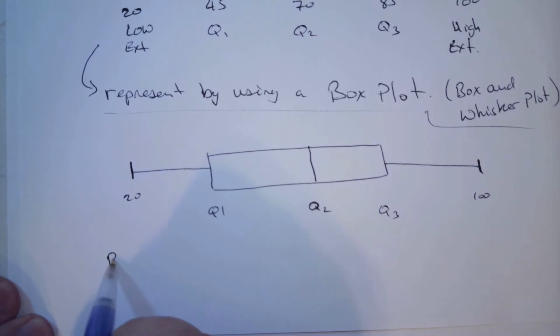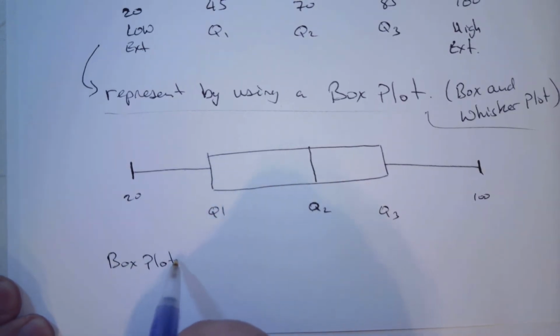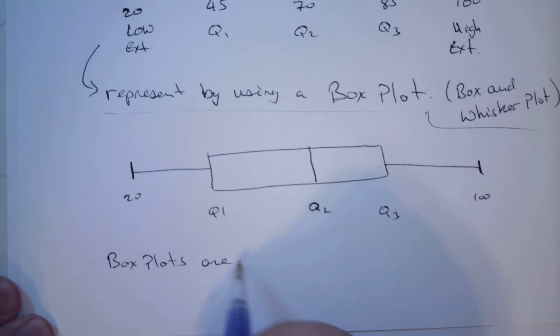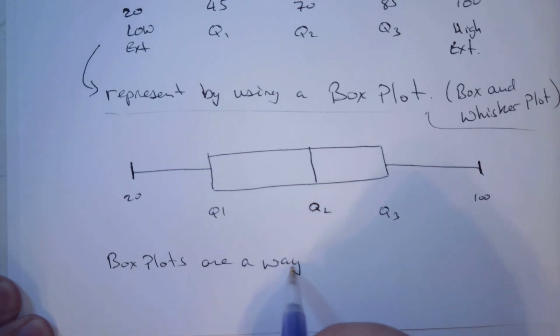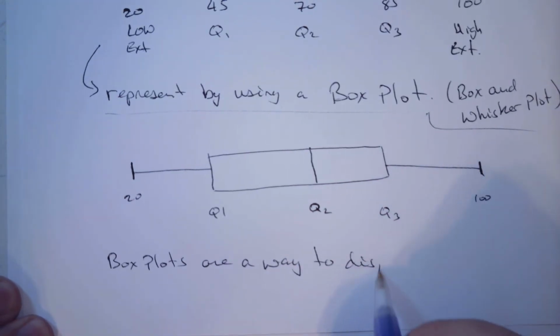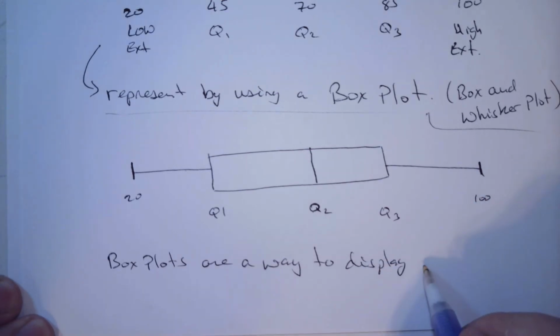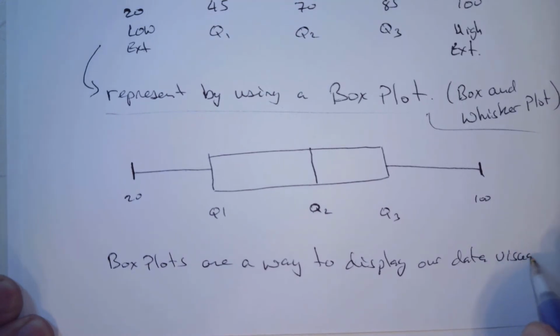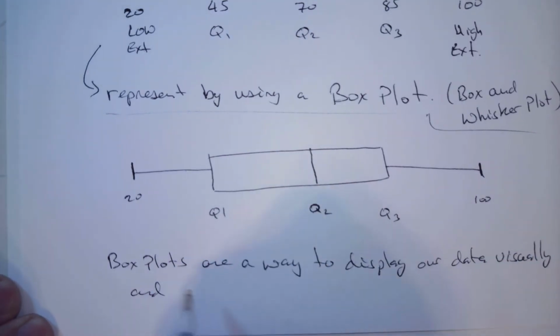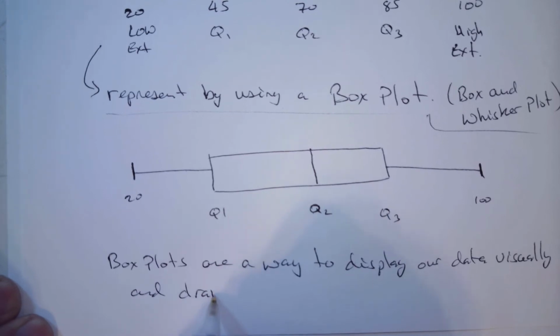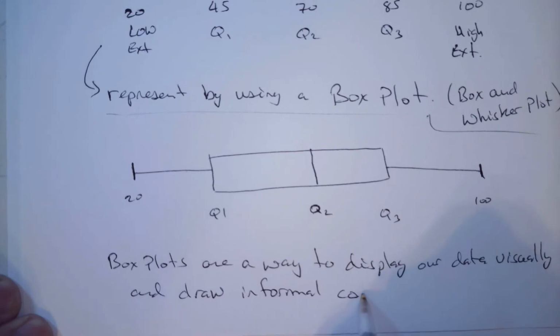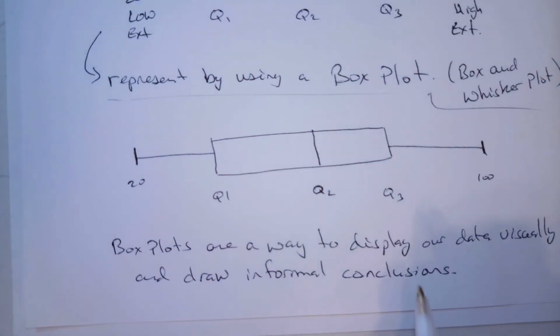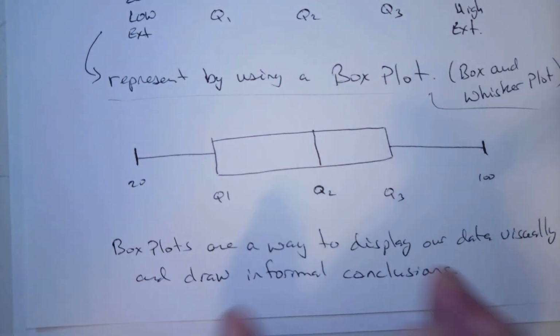Okay, so box plots are a way to display our data visually and help us draw informal conclusions. It all depends on what the high and low numbers are and where that box is located.